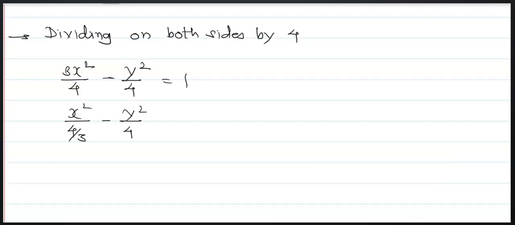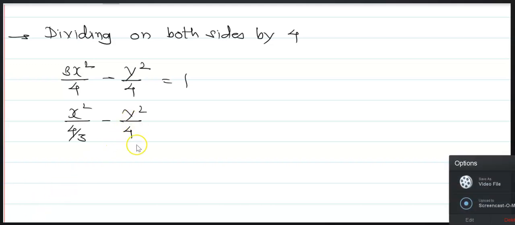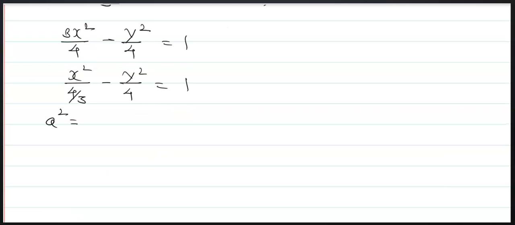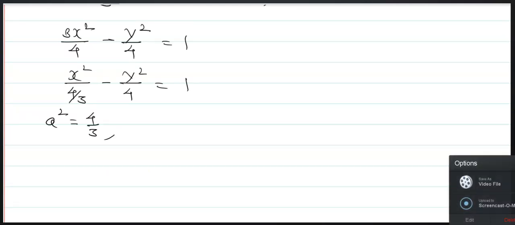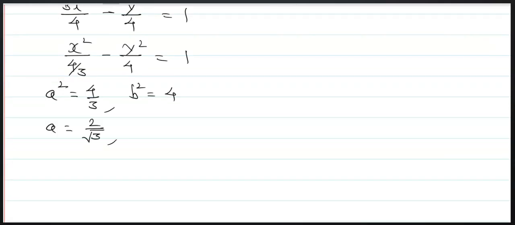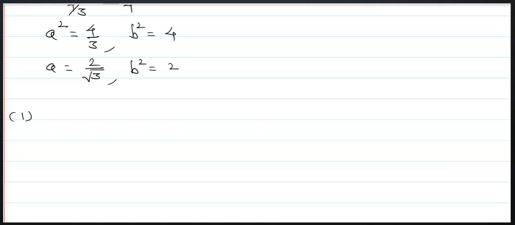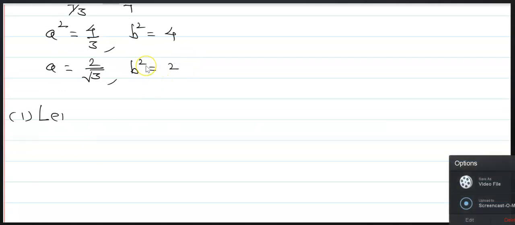That is x square upon 4 upon 3 minus y square upon 4 is equal to 1. a square is equal to 4 upon 3, b square is equal to 4, a is equal to 2 upon root 3, and b is equal to 2.